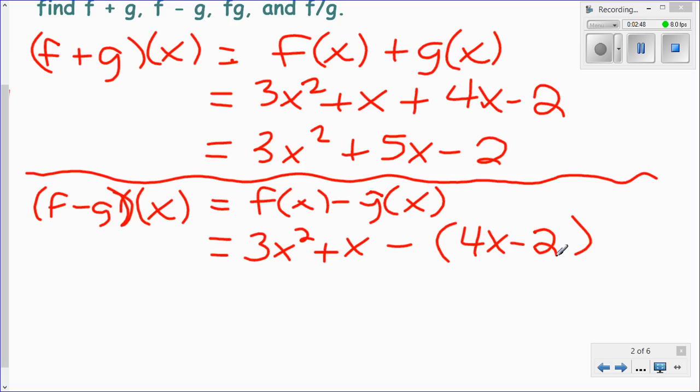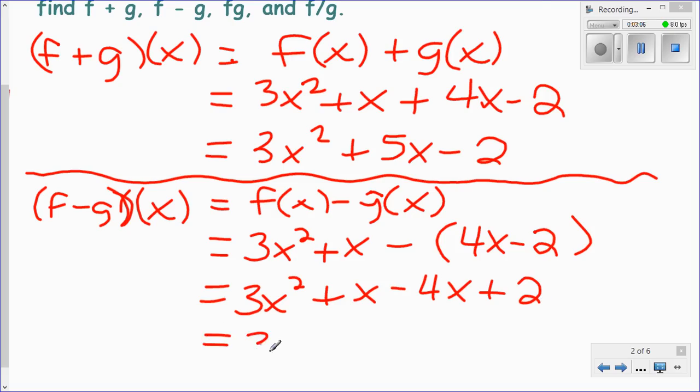The reason you want to put g of x in parentheses is because you have to distribute the negative. That's a common mistake that I see often. People forget to distribute that negative. So this will become 3x squared plus x minus 4x plus 2. Again, we're just going to combine like terms. 1x minus 4x is negative 3x.